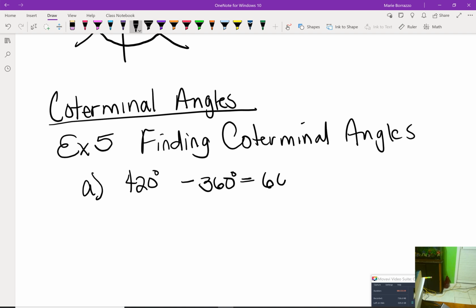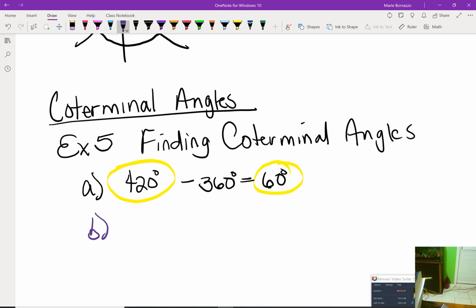And that gives us 60 degrees. And that means that 60 degrees is coterminal based on those criteria. So a 60 degree angle is coterminal with a 420 degree angle.